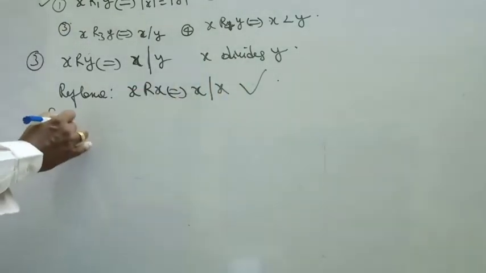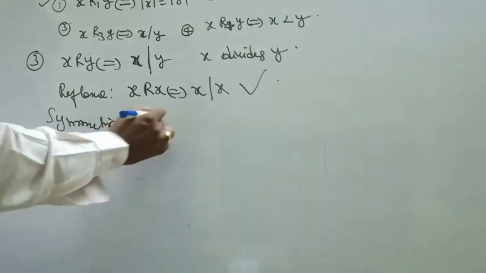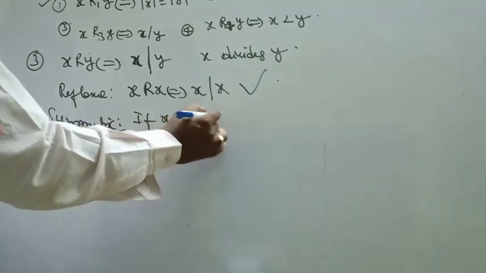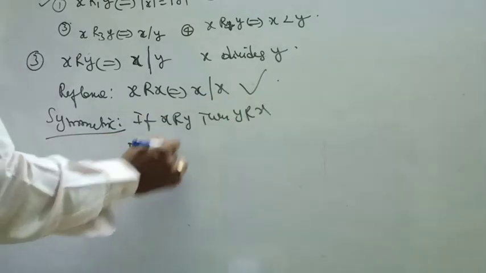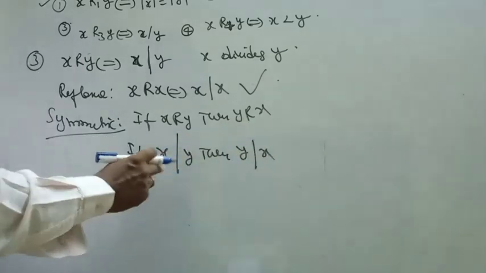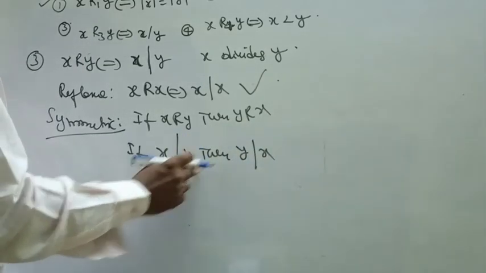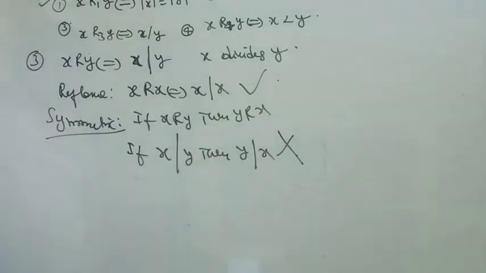Next, symmetric. Let us check what we have to prove. If X is related to Y, then we should prove that Y is related to X. That means if X divides Y, then Y divides X. Is it true? No. If 2 divides 4, can we say that 4 divides 2? No. Therefore, it is not satisfying symmetric.